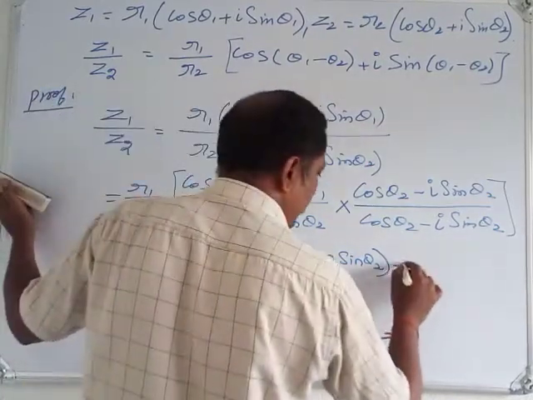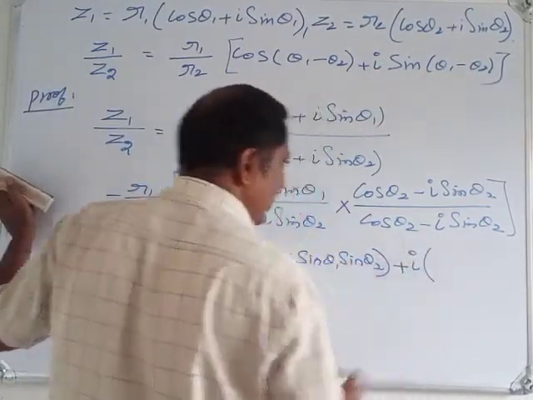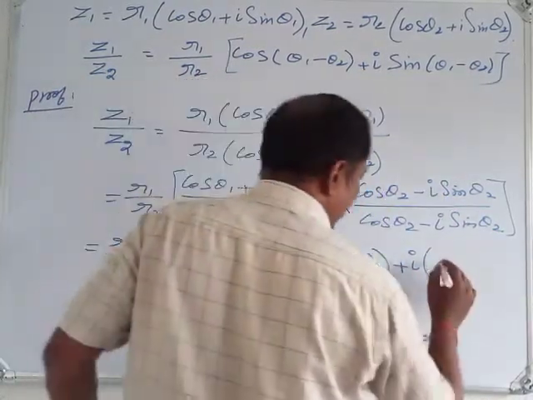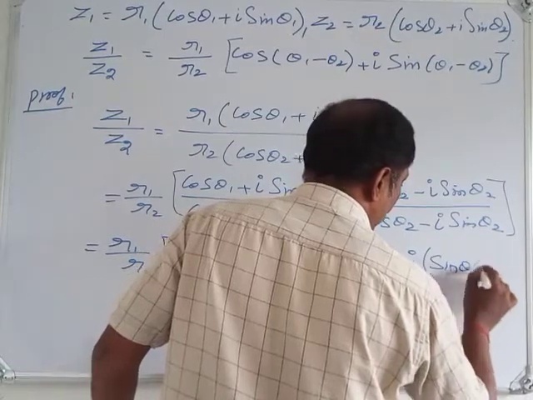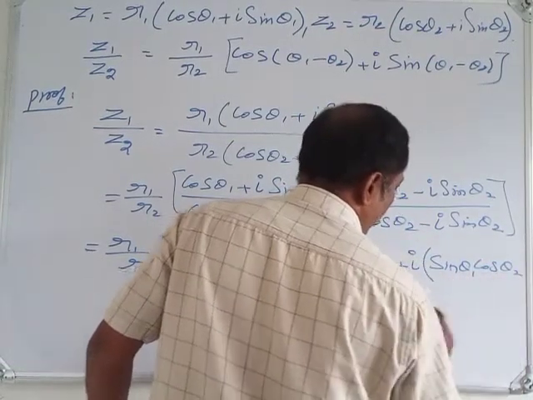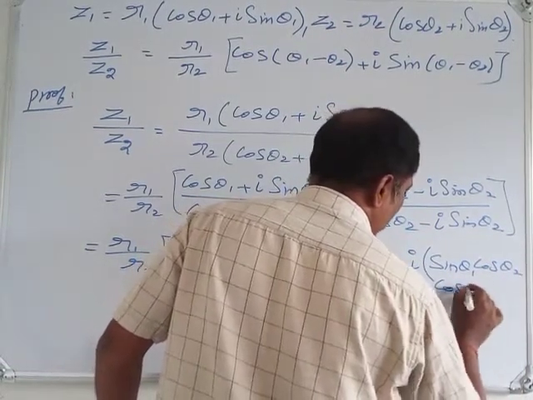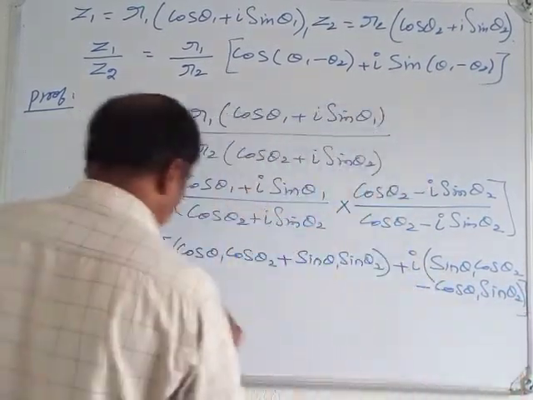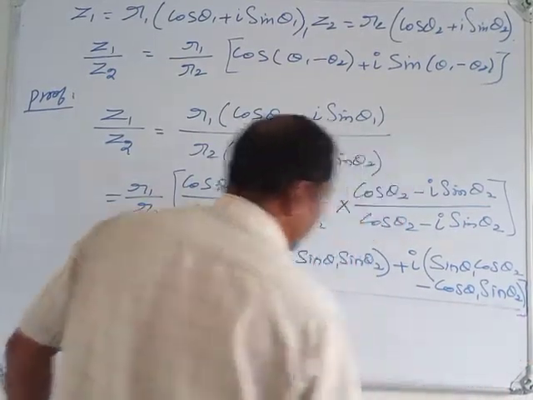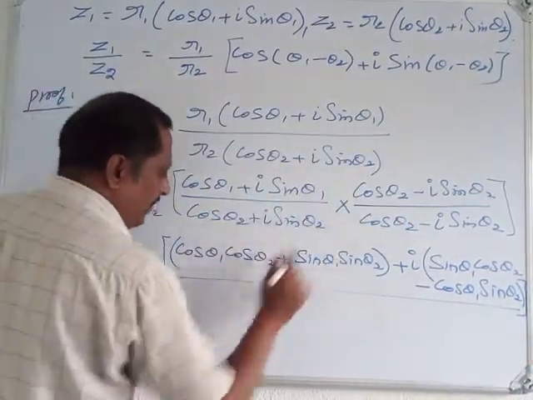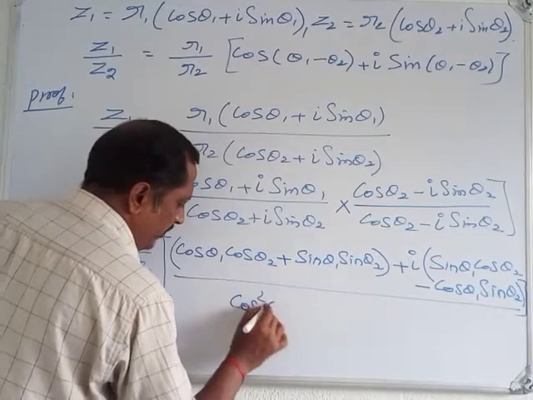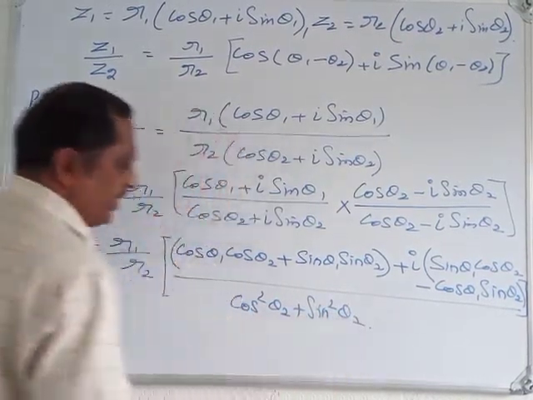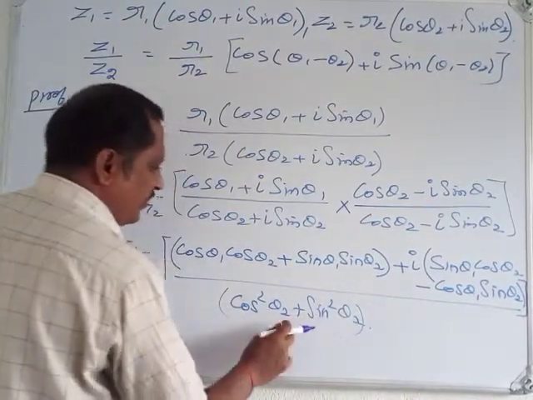Next plus i into the imaginary part, which is negative. So we can write it first: sin θ1 into cos θ2 minus cos θ1 into sin θ2, the imaginary part over, divided by a plus b into a minus b. So it is a squared plus b squared. So cos squared θ2 plus sin squared θ2. You know the value of this is 1.